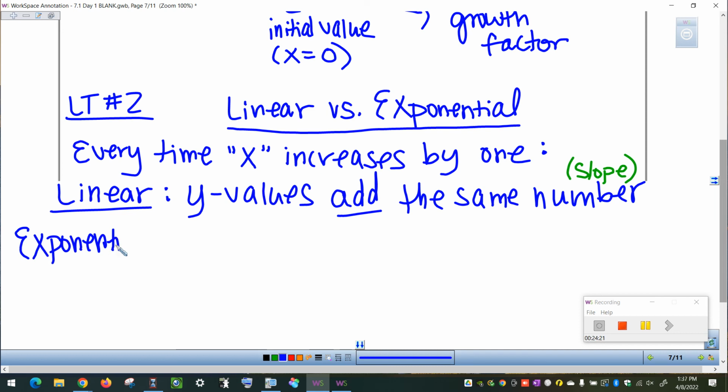If it's exponential, the y values multiply by the same number.